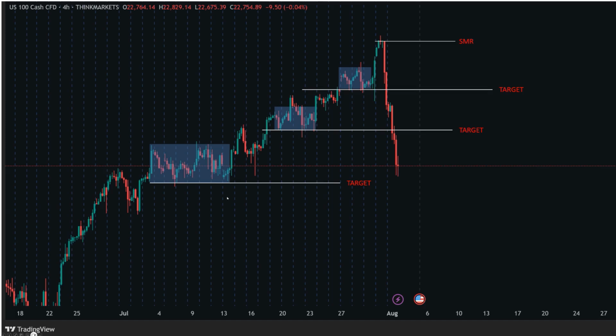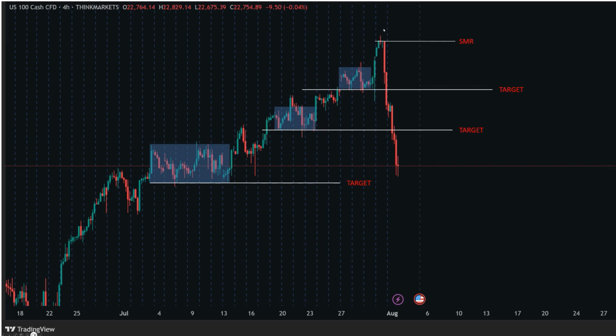Alright, now this is US100, which is known as NASDAQ, and I'm on the 4-hour chart. So I have the original consolidation down here, another one here, and another one here. Then you have a smart money reversal up here. This is a key level, also last year's level up here.